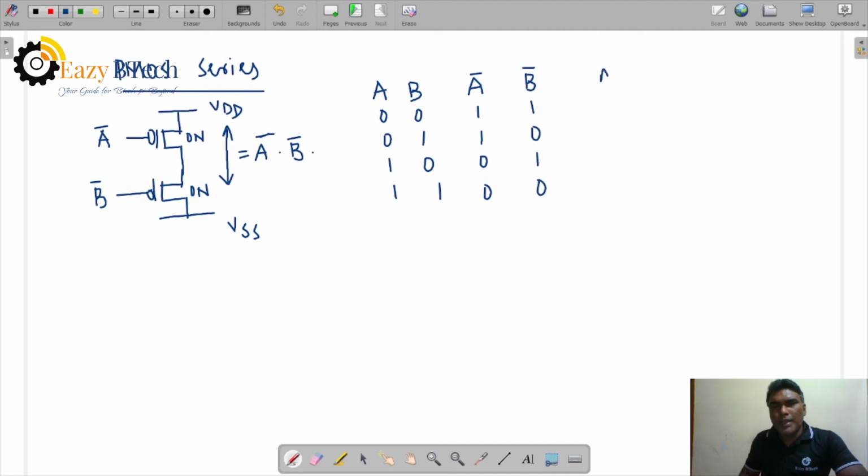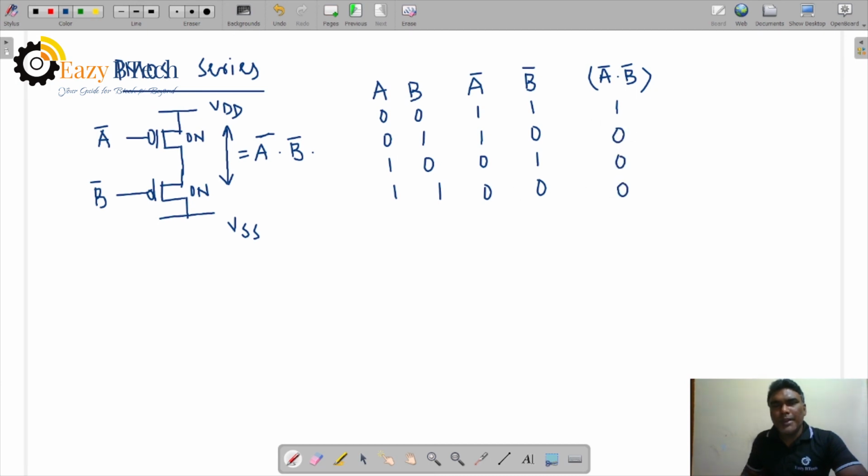So output is A complement into B complement. The AND of A complement and B complement gives 1, and this is 0, this is 0, and this is 0.